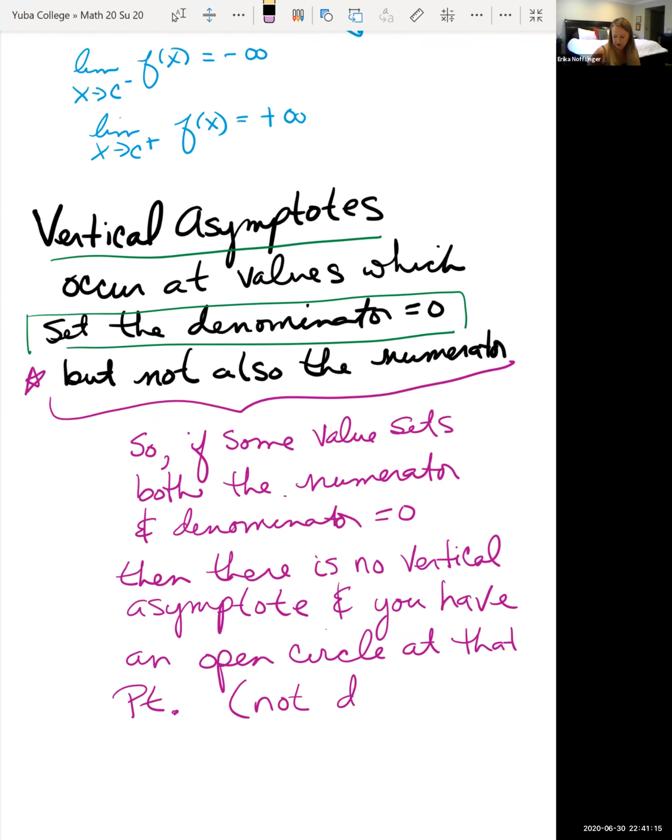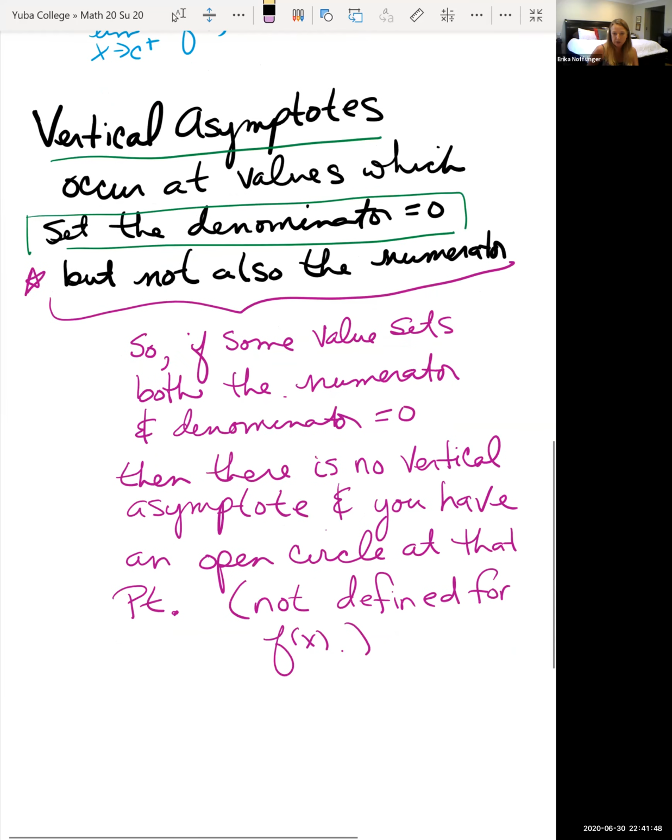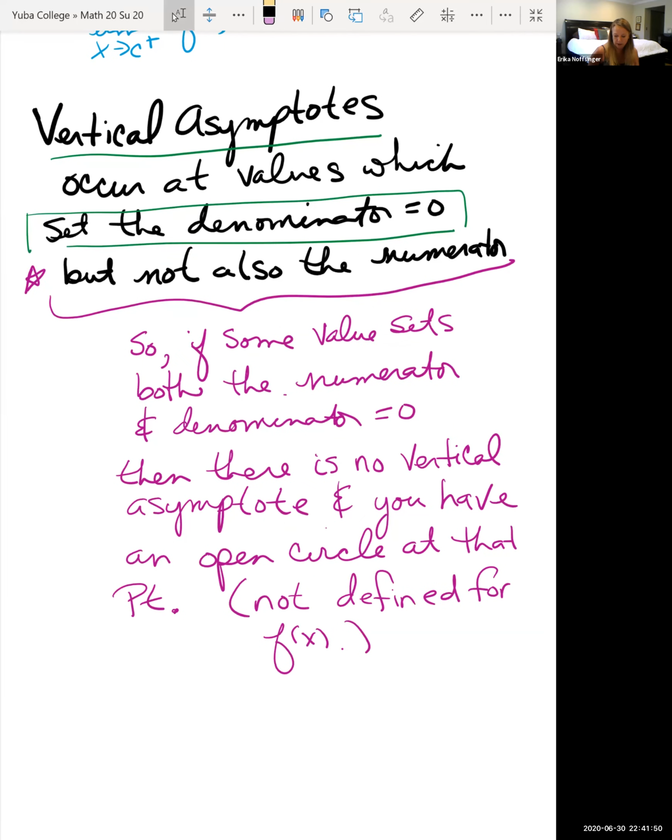It's not defined on our graph for f of x. Basically, because it's setting both the numerator and denominator equal to 0, that's telling me that both have a common factor. So if we cross out those same factors, and then plug the number that set them both equal to 0 into the simplified version, that should give you some y value. And that's where the point of your open circle will be.